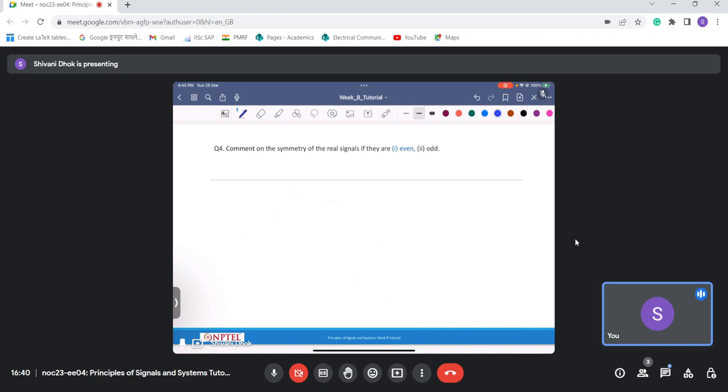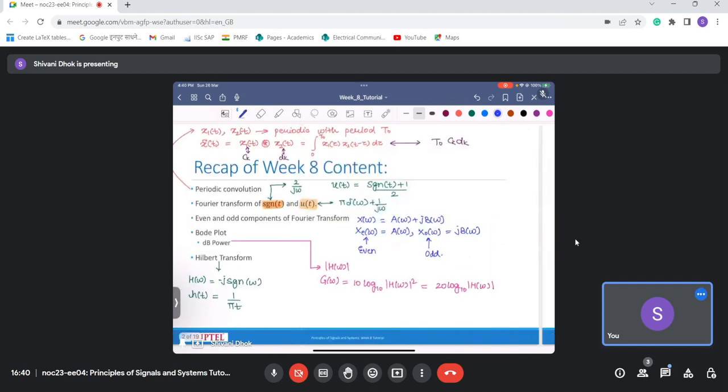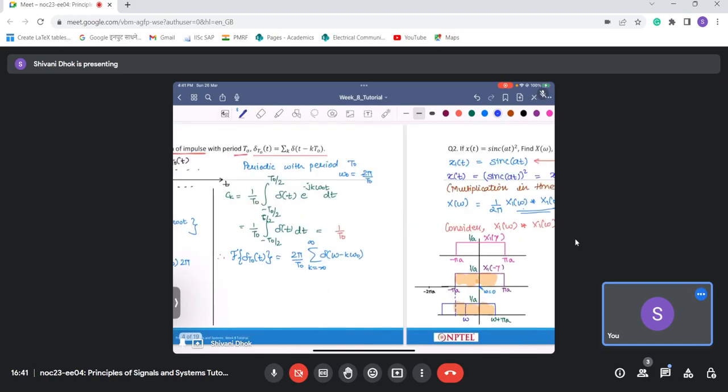The fourth question that we are going to see is we need to comment on the symmetry of real signals in two cases. The first one when they are even and the second one when they are odd. For that we'll look at the discussion related to the even and odd components of Fourier transform, which we saw in the revision part of this lecture.